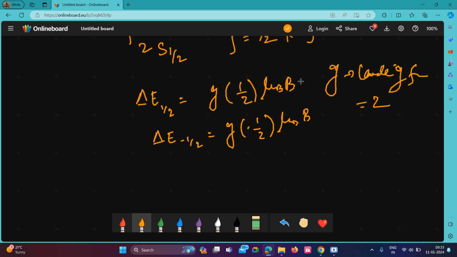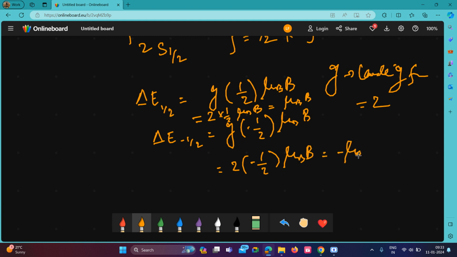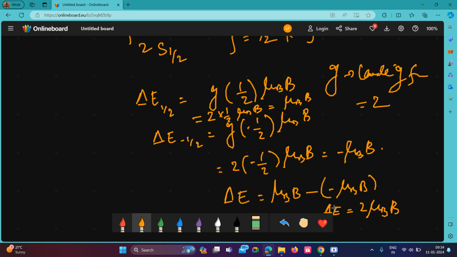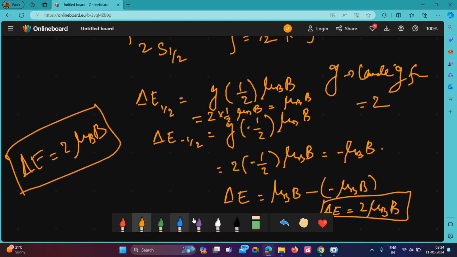Putting 2 here, 2 into half mu B B gives mu B B, and 2 into minus half mu B B gives minus mu B B. So the energy difference is mu B B minus minus mu B B, which is 2 mu B B. That's the answer.